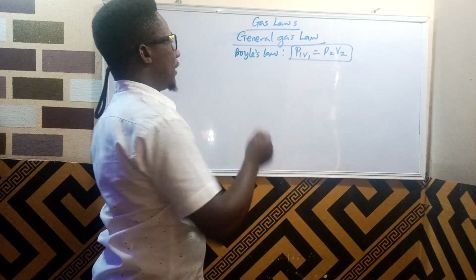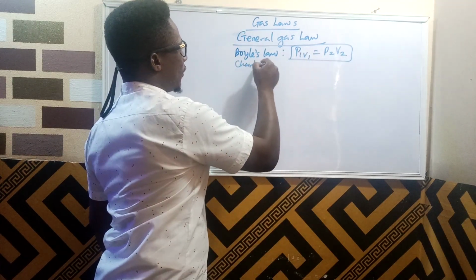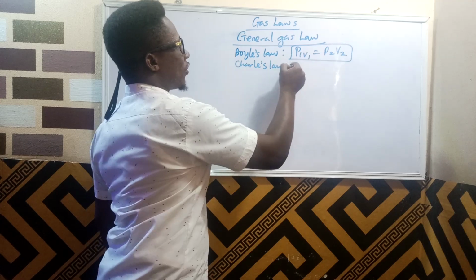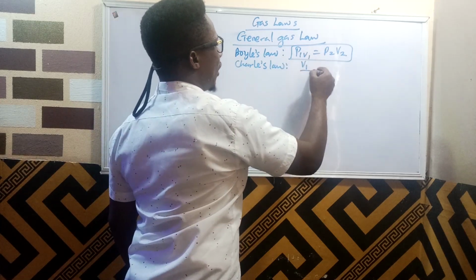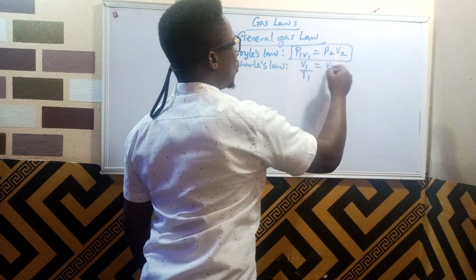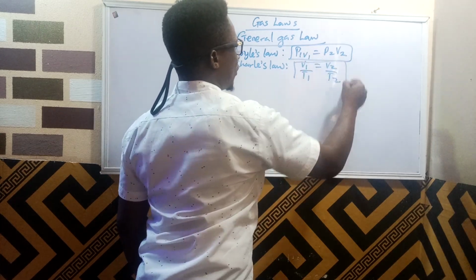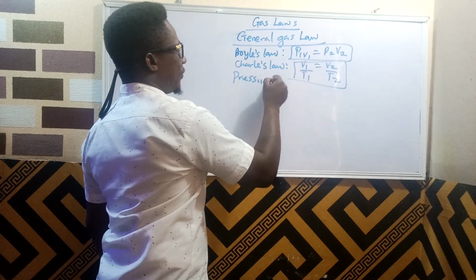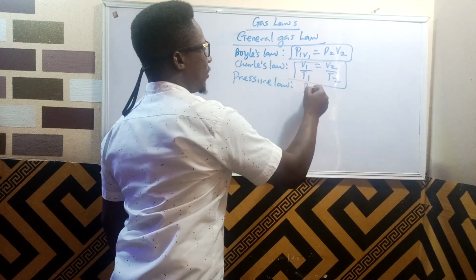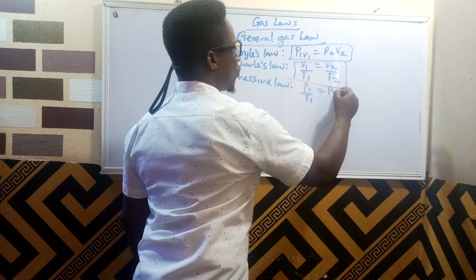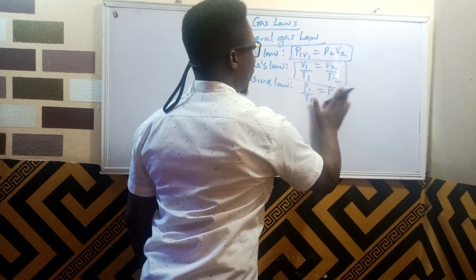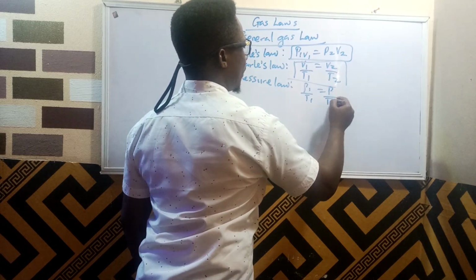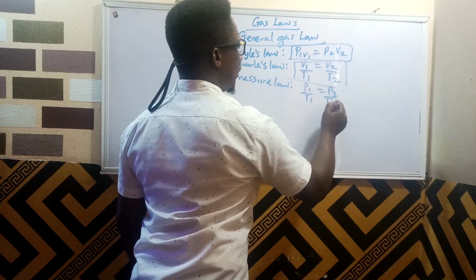Okay, and then Charles' law, which is V1 over T1 is equal to V2 over T2. That's Charles' law. And then the pressure law, which is P1 over T1 is equal to P2 over T2.